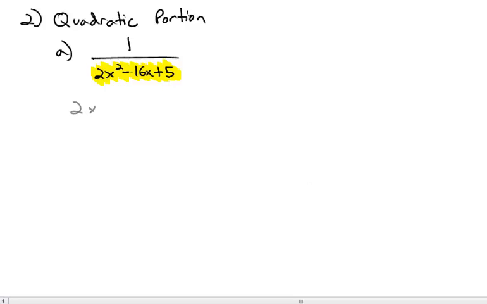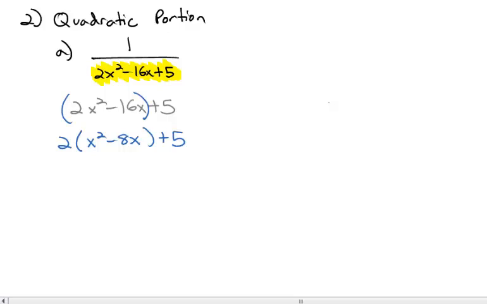So just looking at the 2x squared minus 16x plus 5, the quadratic portion, we first factor a out of the first 2 terms. Factoring out a 2 leaves x squared minus 8x plus 5.